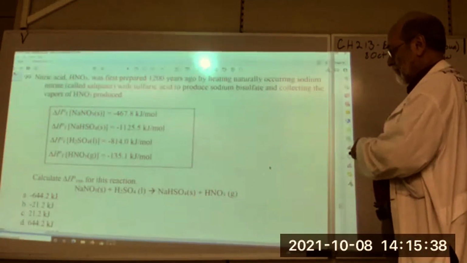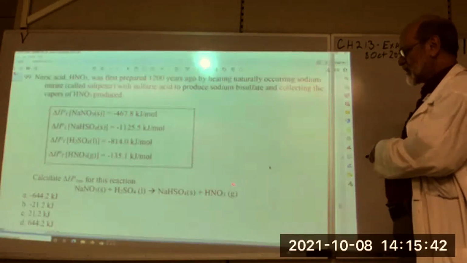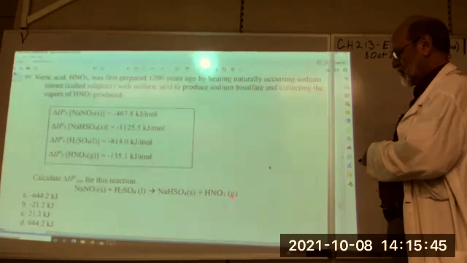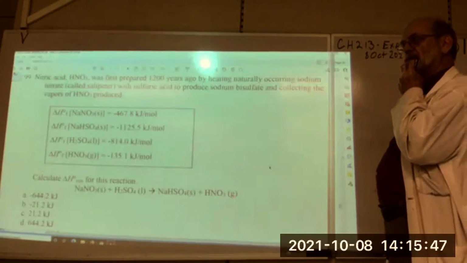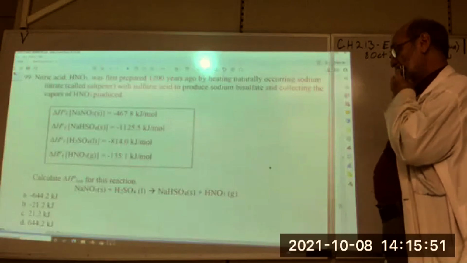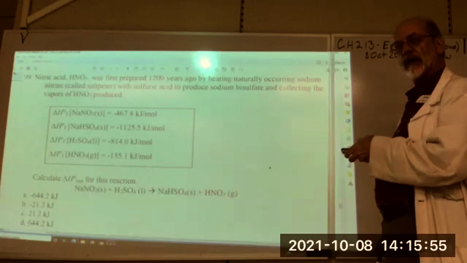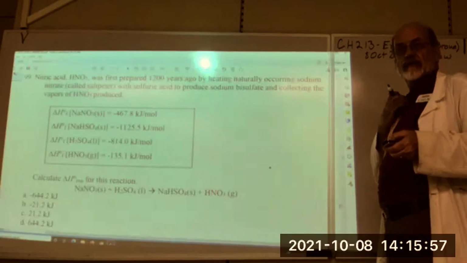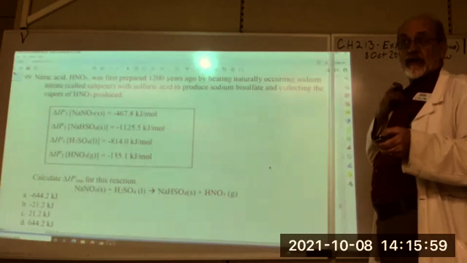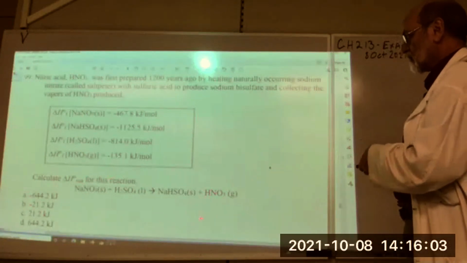Now, HNO3, is that in its standard state, is it a gas? I think it is. If it's not dissolved in water, I think HNO3 is a gas, like hydrogen chloride is a gas, until you put it in water and then it's hydrochloric acid. Right? So that's right. Standard states.